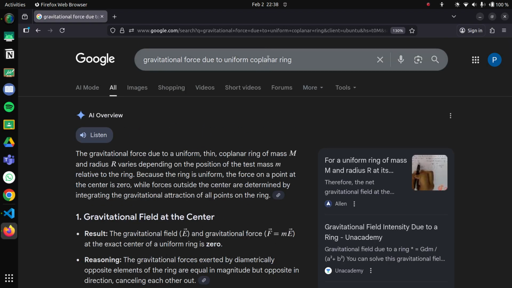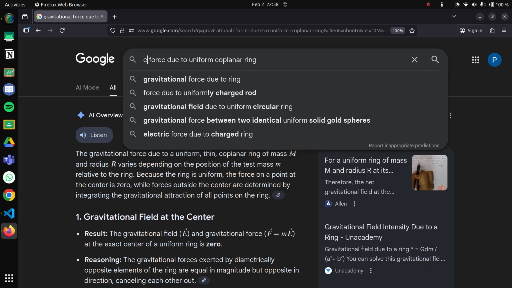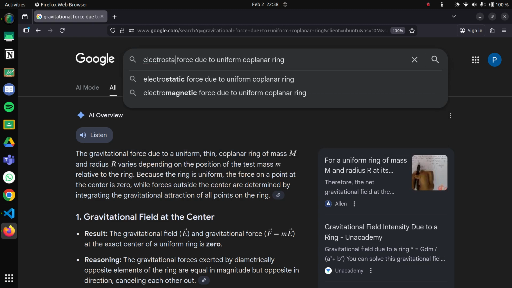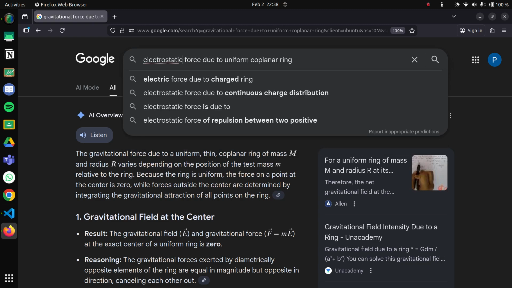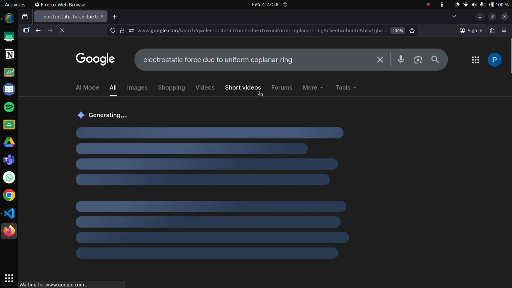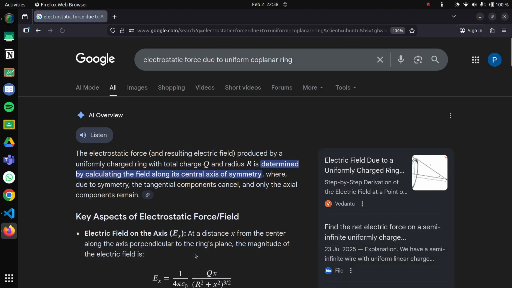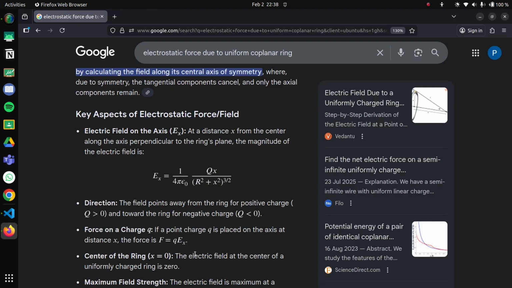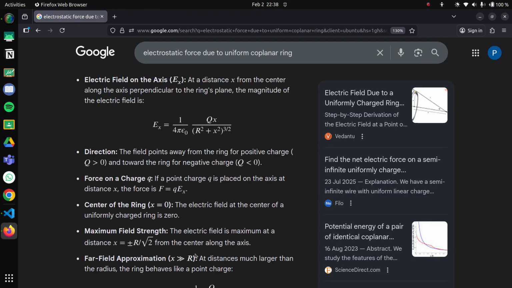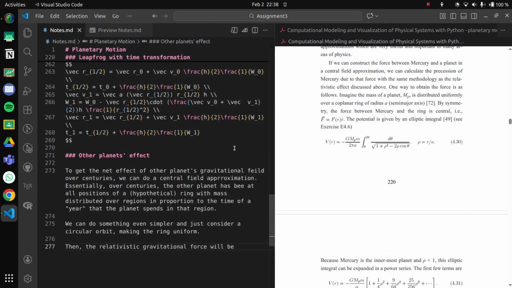Okay, so by that logic, even for a uniform coplanar ring, the electrostatic force should also be 0, right? No, it shouldn't be 0 in that case. Yeah, I guess so. It's the same, except it isn't really 0. It's this massive problematic integral.